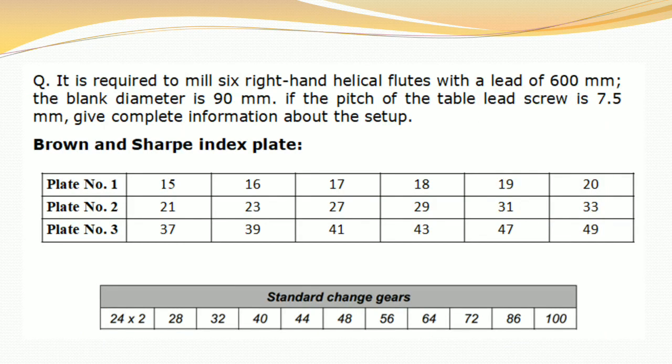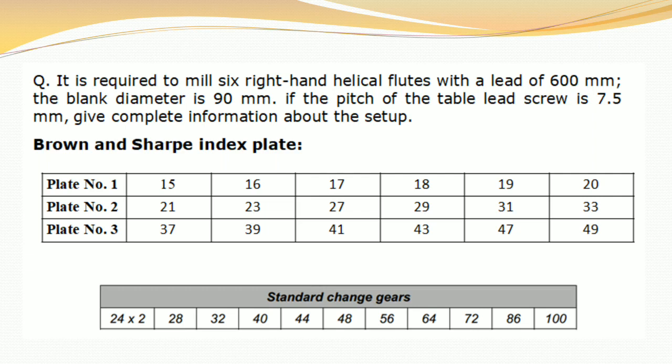Now there is a question. It is required to mill 6 right-hand helical grooves with a lead of 600 mm. The blank diameter is 90 mm. If the pitch of the table lead screw is 7.5 mm, give complete information about the setup. Brown and Sharpe index plate: plate number 1, 15, 16, 17, 18, 19, and 20.